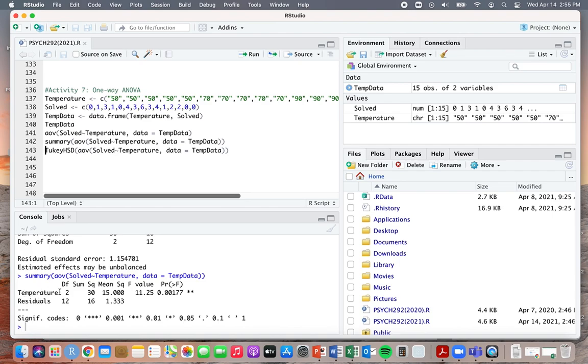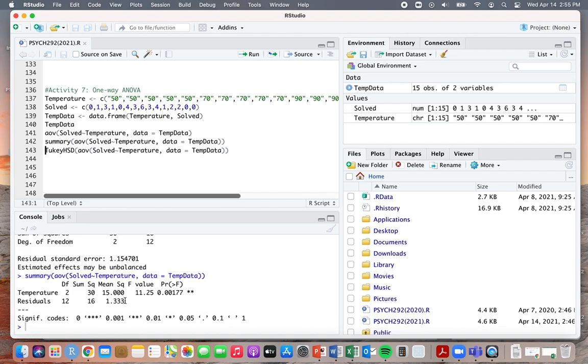We can see the between subjects sum of squares is 30, and the degrees of freedom between subjects is 2. 30 divided by 2 gives us a mean square between of 15. The within sum of squares is 16, divided by the within degrees of freedom, which is 12. 16 divided by 12 gives us the mean squared within, which is 1.333.